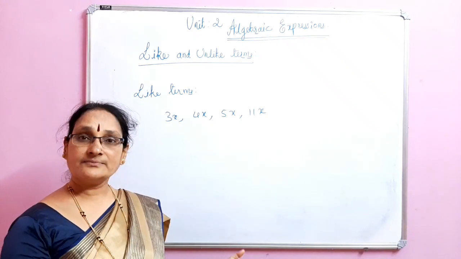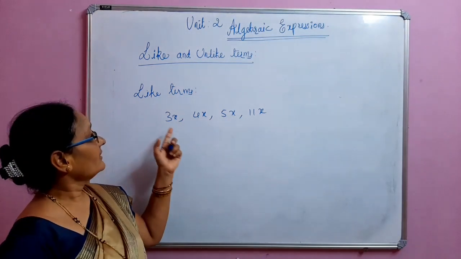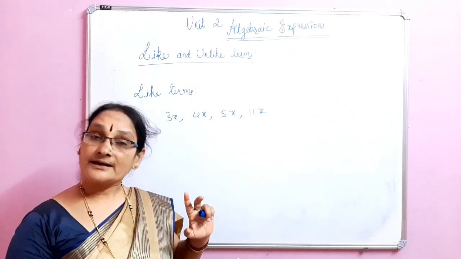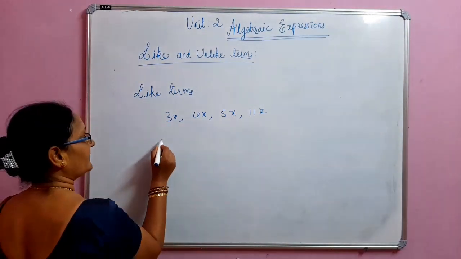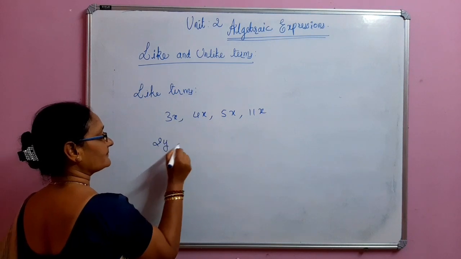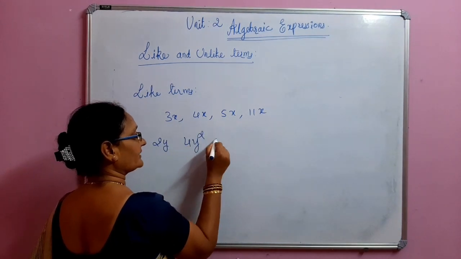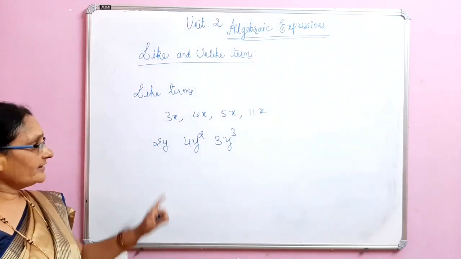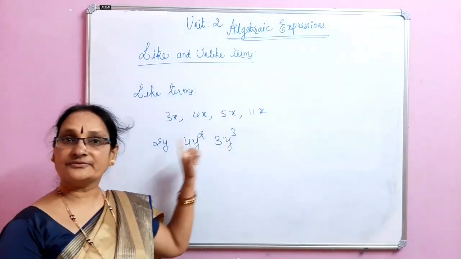Whereas unlike terms, just opposite. Here different variables with different power. For example, see here 2y, 4y square, 3y to the power 3. Here variable is same but powers are different.